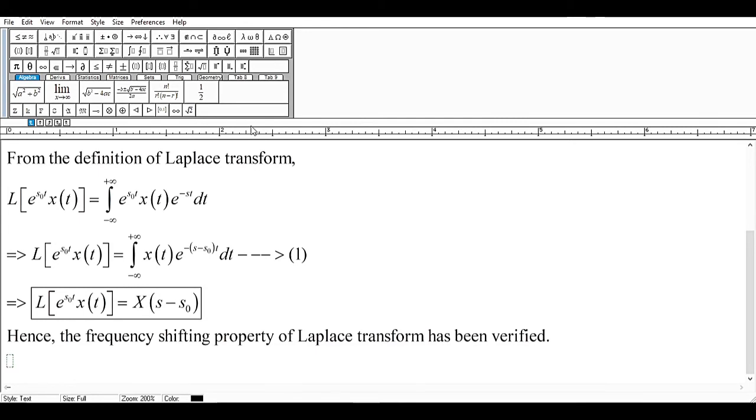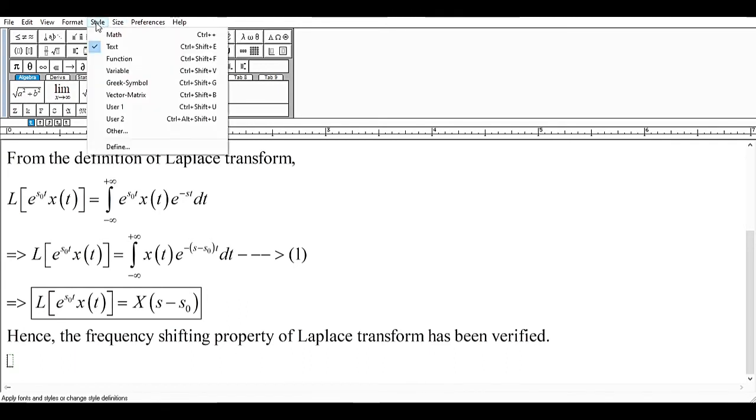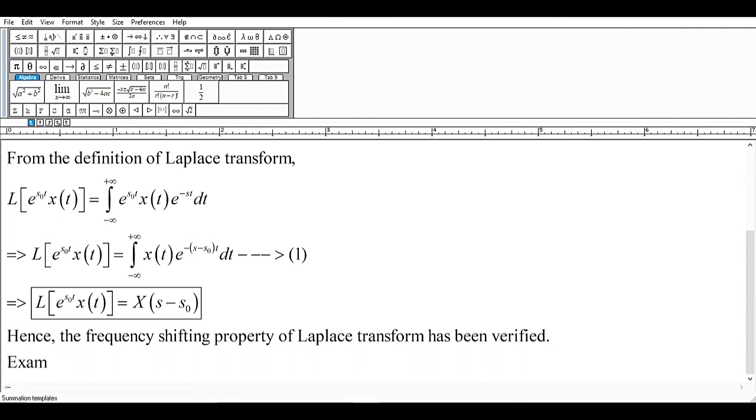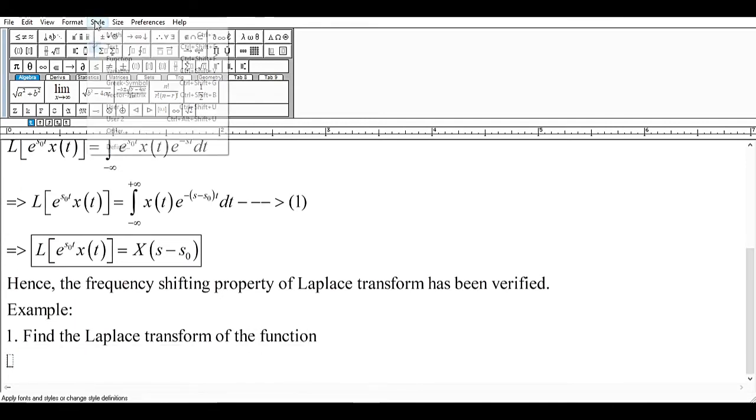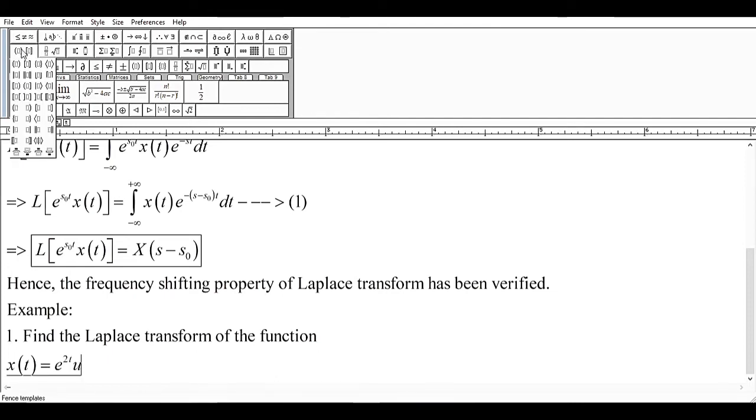Now, with the help of a few numerical examples, it can be applied. For this purpose, let us consider one numerical example. Find the Laplace transform of the function x(t) equal to e^(2t) u(t), where u(t) is the unit step function.